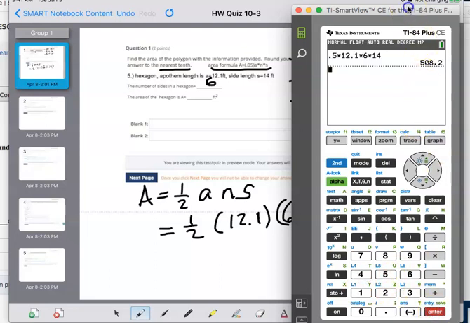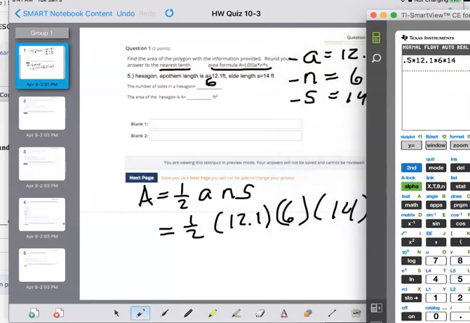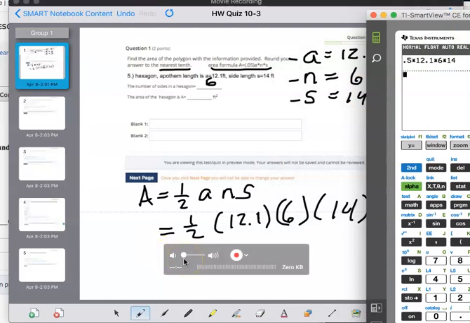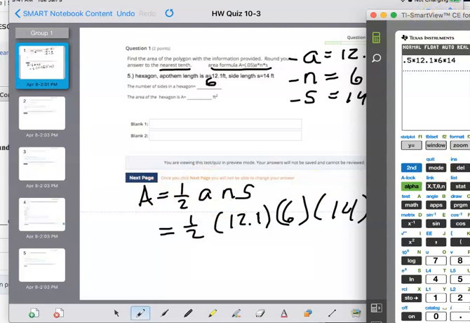Now, my answer is 508.2, and that's feet squared. They asked me to round it to the nearest tenth, and it is, so we're good to go. 508.2 should be my answer for this problem, and that's feet squared.